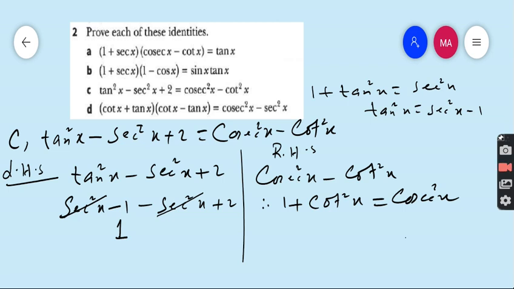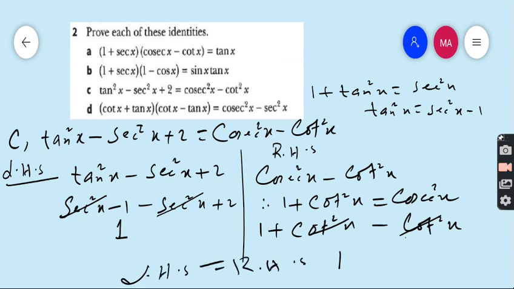So if we replace this cosec square x of the right hand side in terms of 1 plus cot square x, and minus cot square x remains, this cancels by this and we achieve 1. Now what is the final result of the left hand side? 1. What is the result of the right hand side? 1. So you can say left hand side is equal to right hand side.